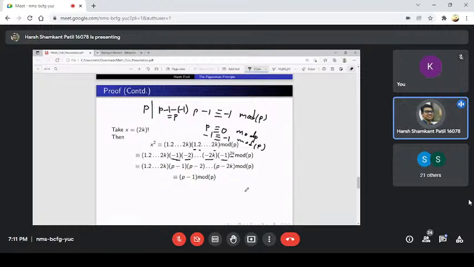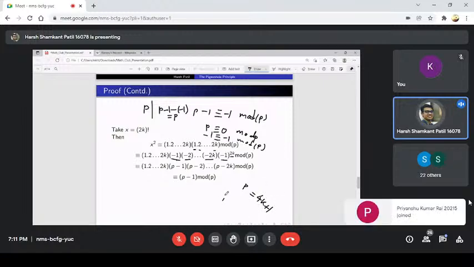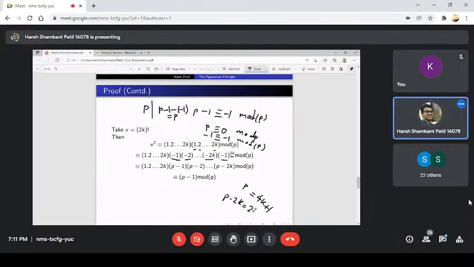So what is k? We started out with p equal to 4k plus 1, and we got that k from here. So p minus 2k is 2k plus 1. This value is 2k plus 1, and it goes up to p minus 1.